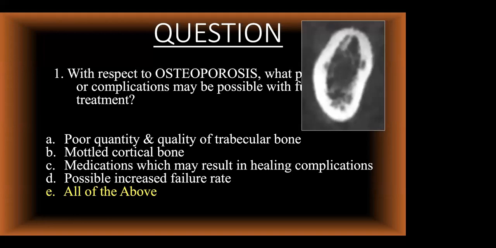Most patients who are osteoporotic are going to be on medications. And unfortunately, a lot of those medications now given today result in healing complications. And because of the poor quality of bone and because of the medications, there is a slightly increased failure rate with osteoporotic patients that you have to take into effect.